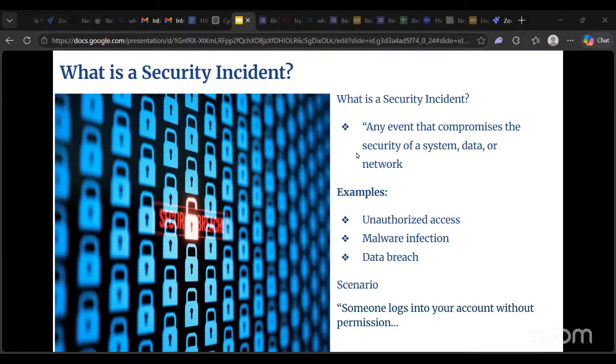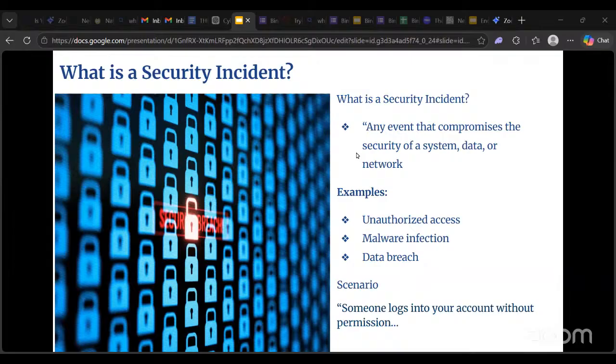Now, a security incident is any event or series of events that compromises or threatens the confidentiality, the integrity, or availability of an organization's information, system, or data. Anything that can threaten an organization's data in terms of confidentiality, integrity, or availability is known as a security incident.